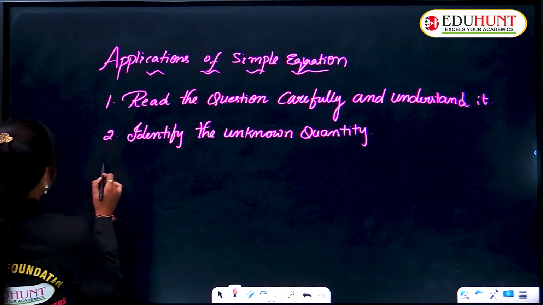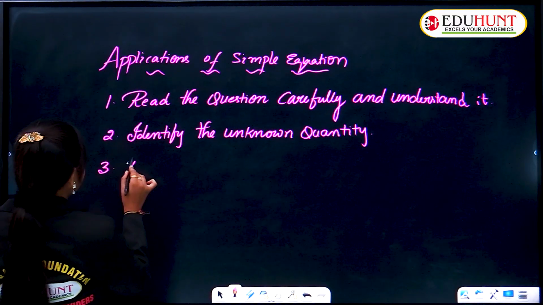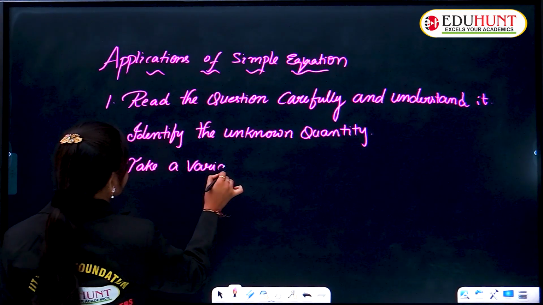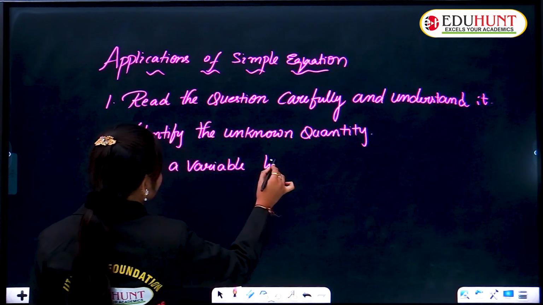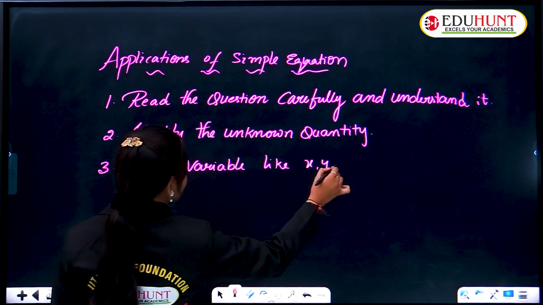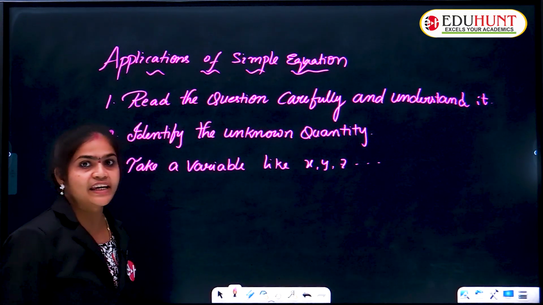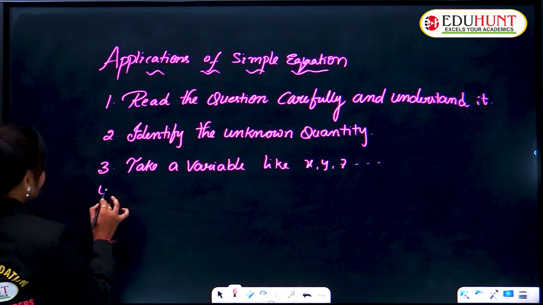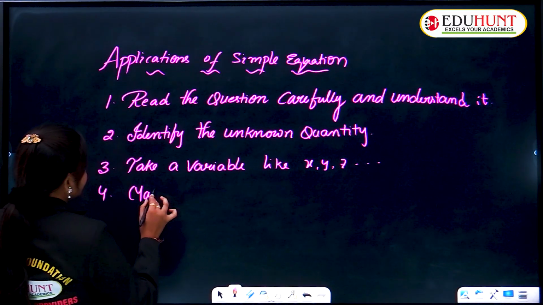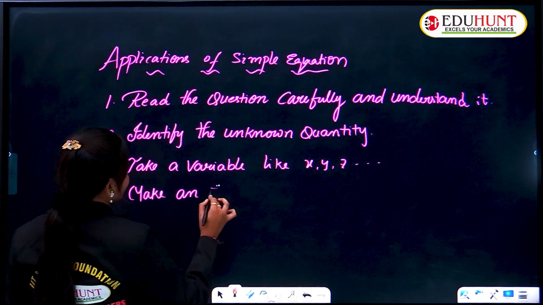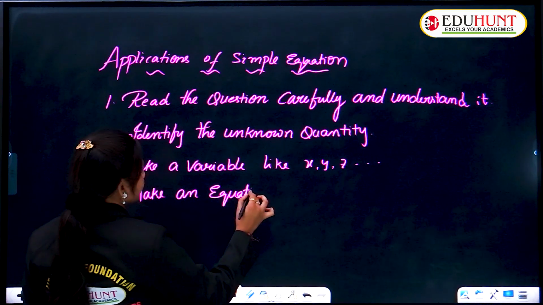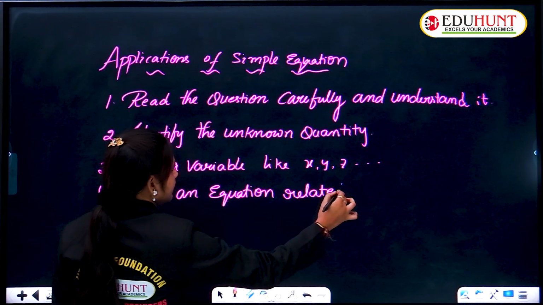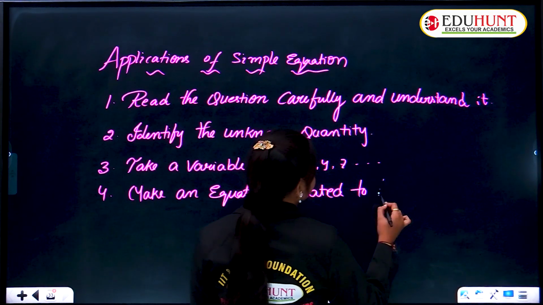Next one, after that take a variable, like x, y, z. Take a variable instead of that unknown quantity. Next, fourth one, make an equation related to the question, related to the problem.